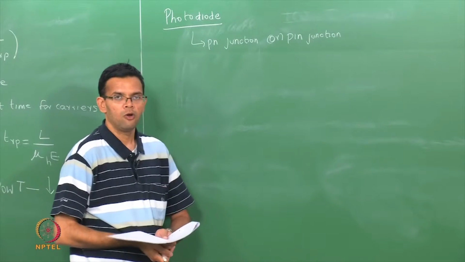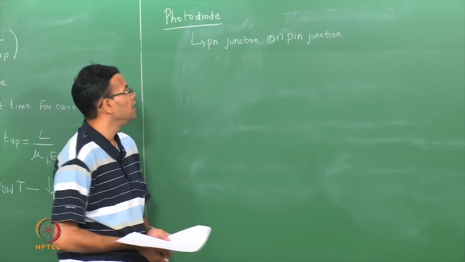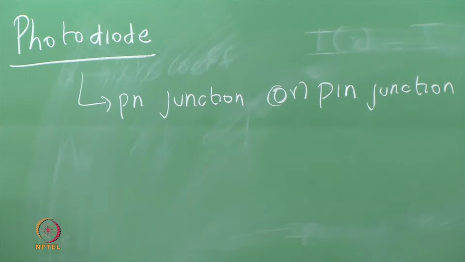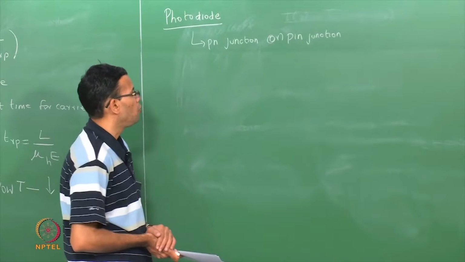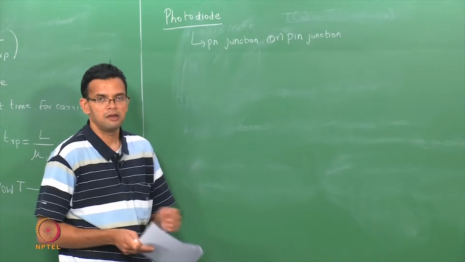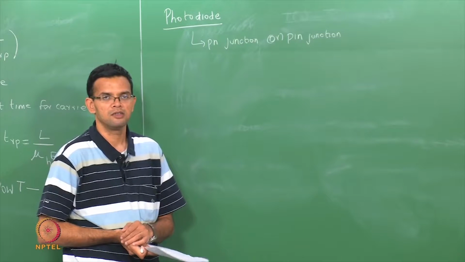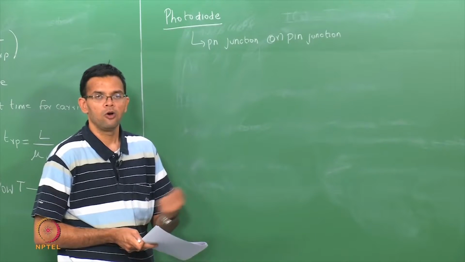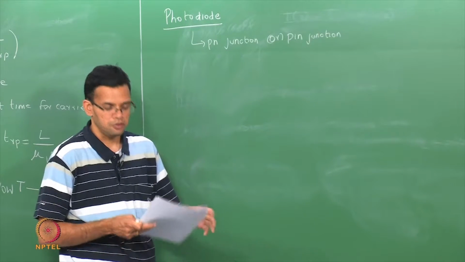Electron hole pairs are generated either in the depletion region of the PN junction, or in the intrinsic region. These electron and hole pairs are then separated by applying a reverse bias to the junction, so that the electrons go towards the N side, holes go towards the P side, and then you have a current.